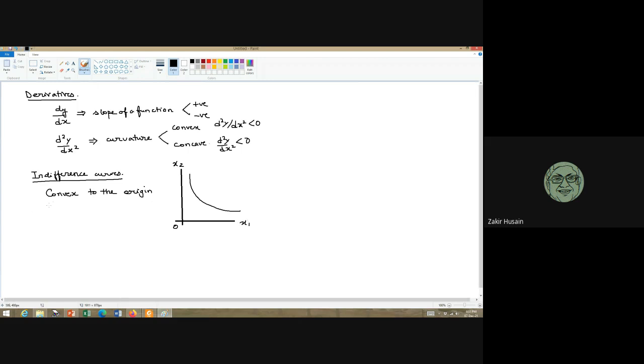They have a negative slope and they are convex to the origin. Now, why are indifference curves negatively sloped? Can you prove that they are negatively sloped?